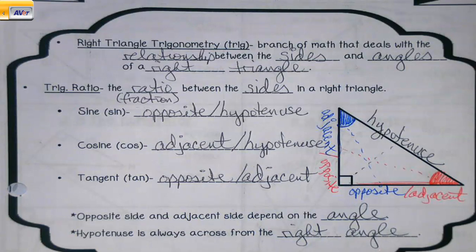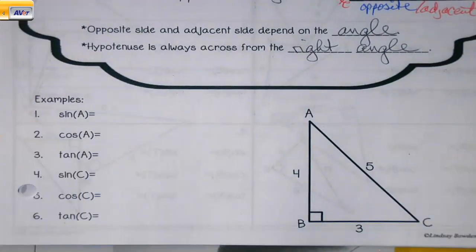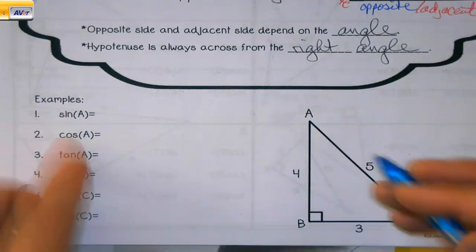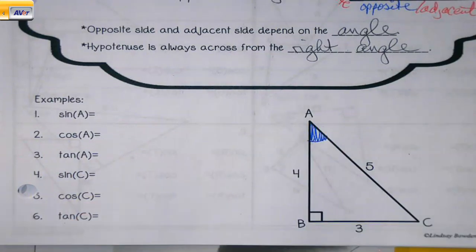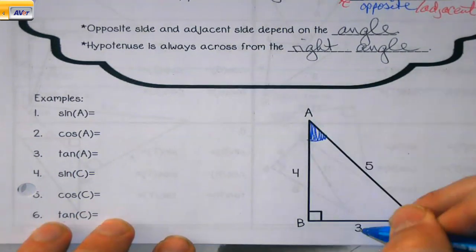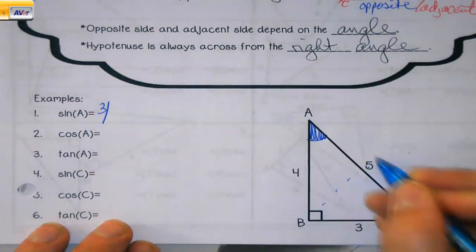So, if you are asked, and you will be at some point, to find the sine, the cosine, or the tangent, there will be numbers on your sides. So if I'm looking for the sine, cosine, and tangent of A, the sine is opposite 3 over my hypotenuse.